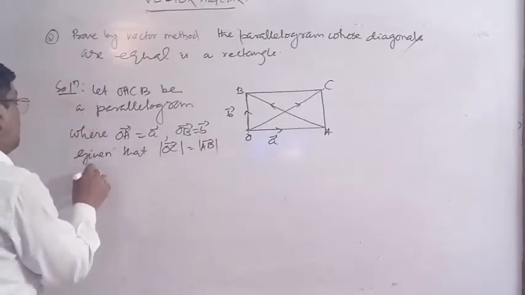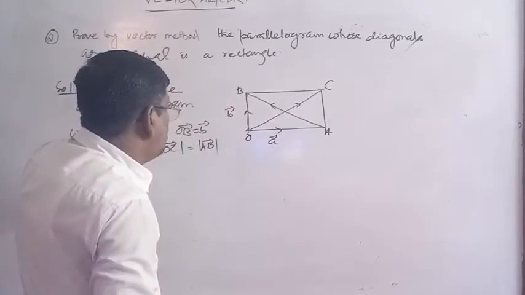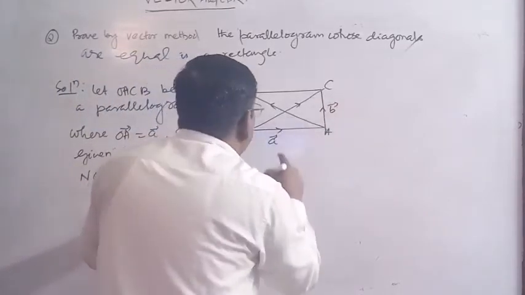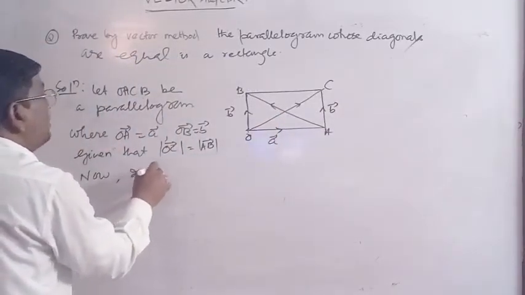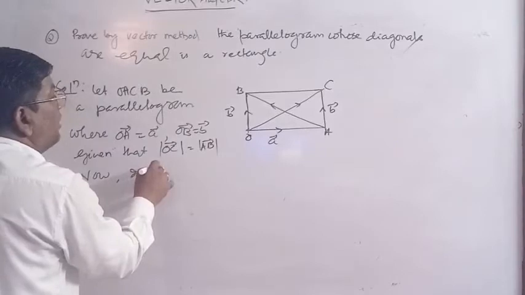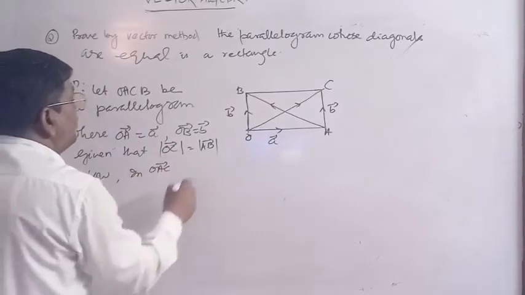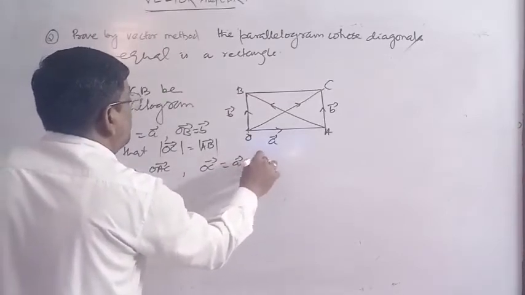Now by parallelogram vectorial addition, this is B vector. So by triangle law, in triangle OAC, OC vector is equal to A plus B vector.